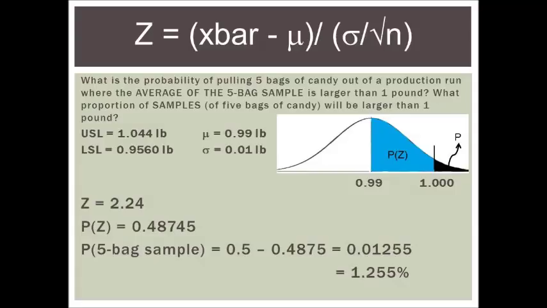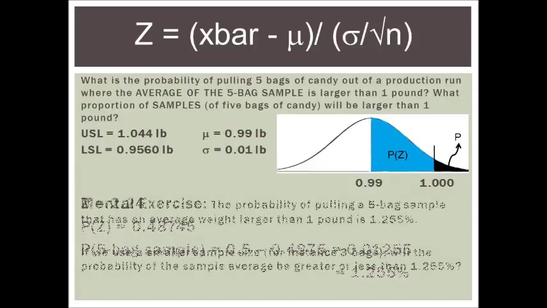We know that the blue shaded region is 0.48745. We know that the entire half of the curve is 0.5. So if we subtract these two, we can find the probability of just the tail, which is 0.01255 or 1.255%.